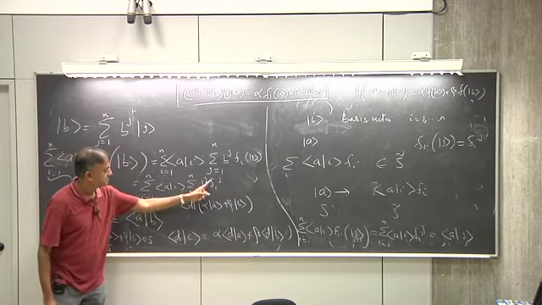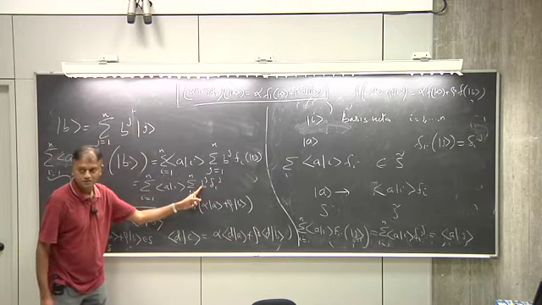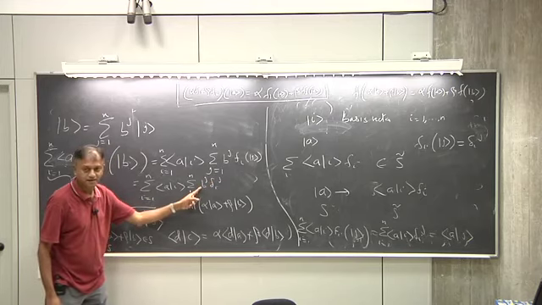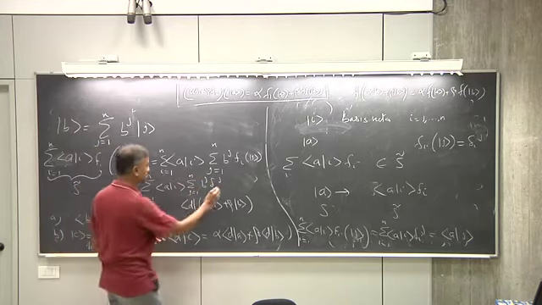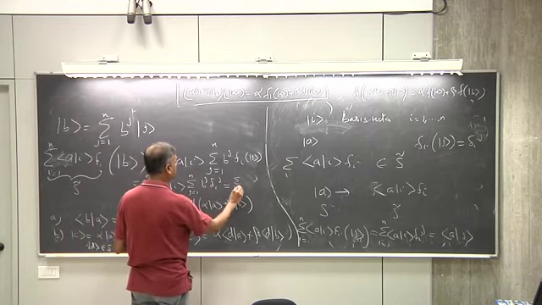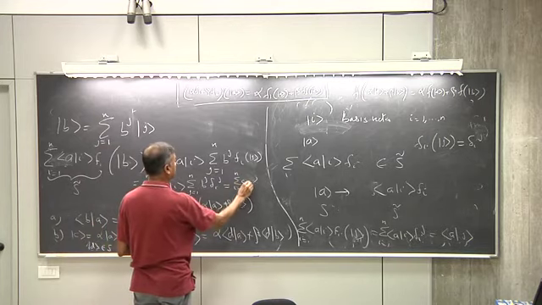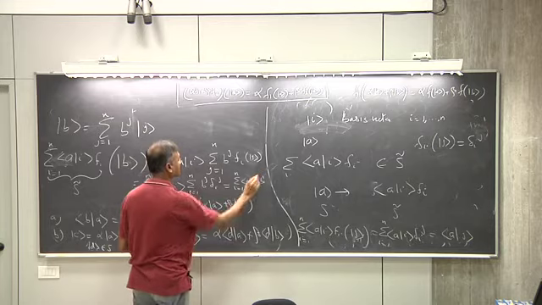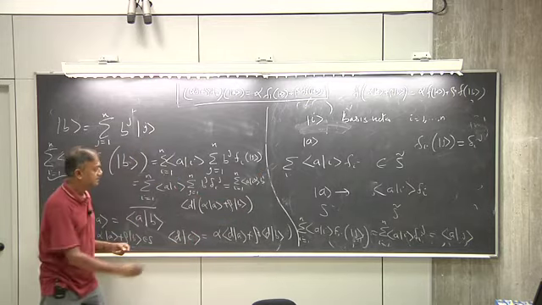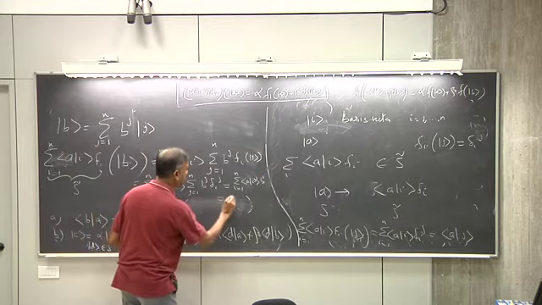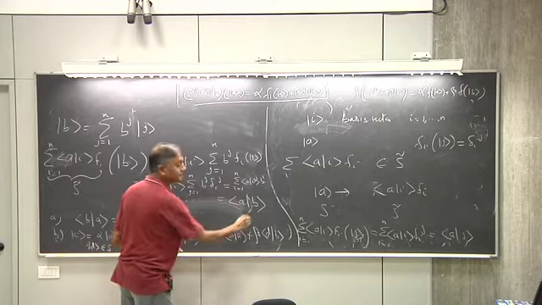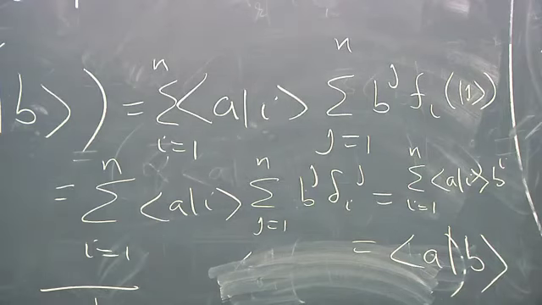In this sum, only when j equals i will contribute, and then you just get the b_i here. So this is the sum over i equal to 1 to n of a_i b_i, but that's the same as a dot b.